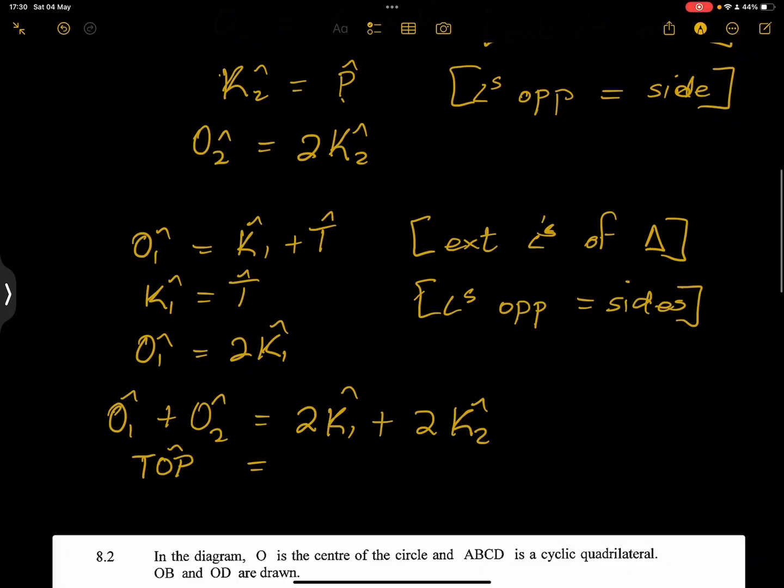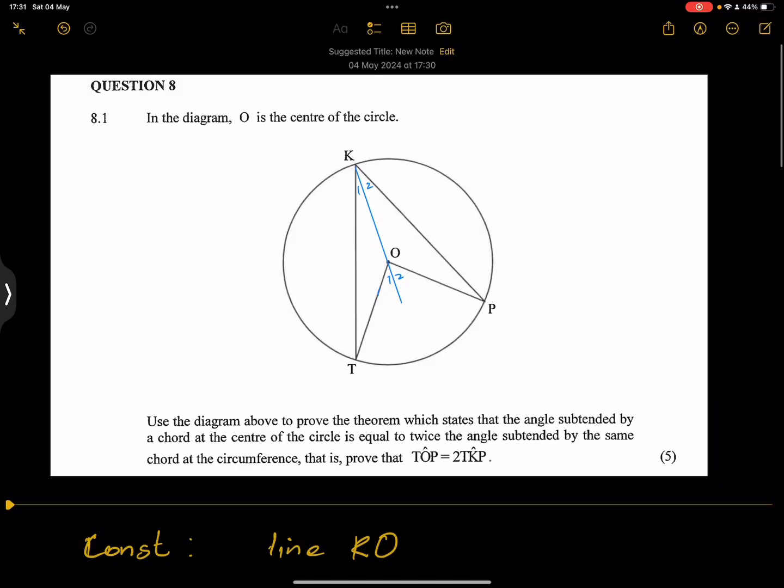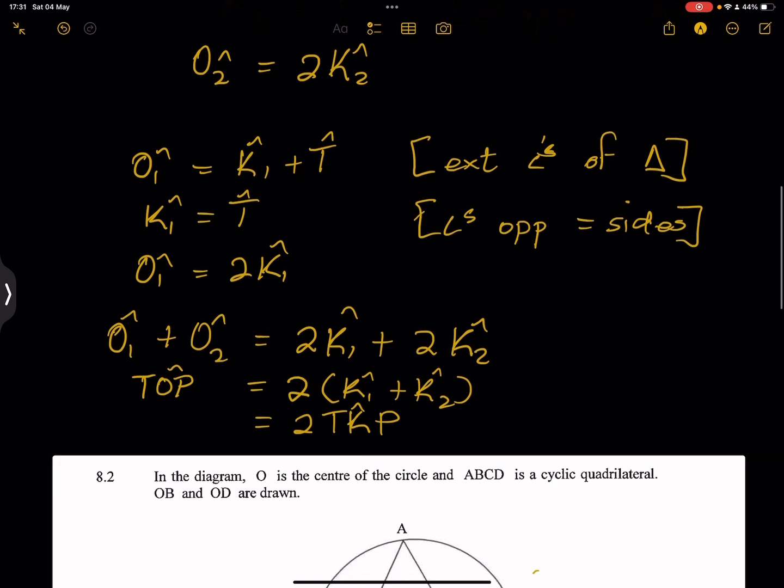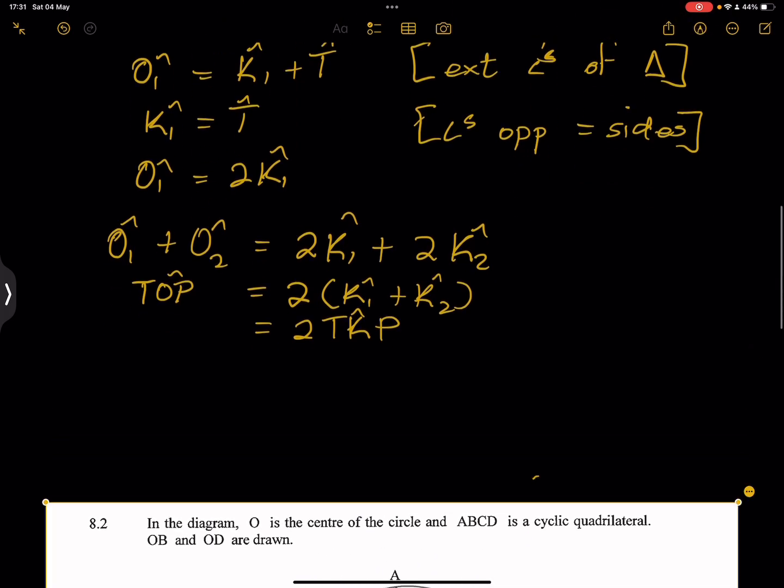If I take the 2 out as a common factor, that's K1 plus K2. And K1 plus K2 is TKP. So therefore, this is equal to 2 times TKP. And there we have proven it, that the angle TOP is equal to 2 times TKP.